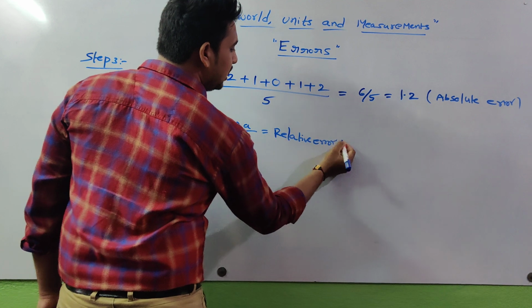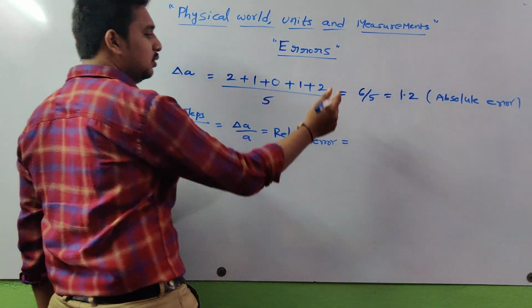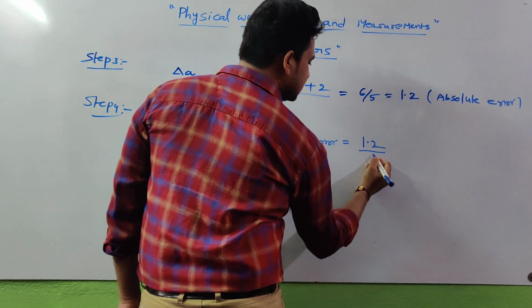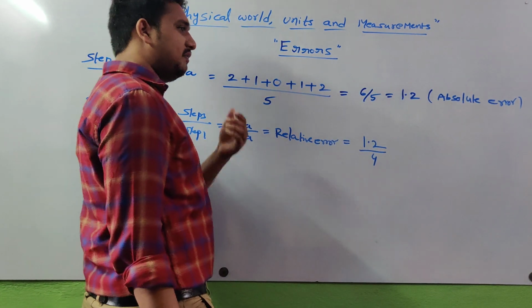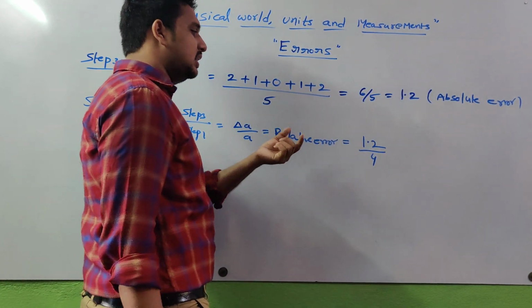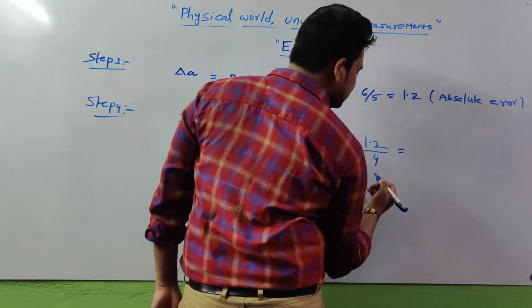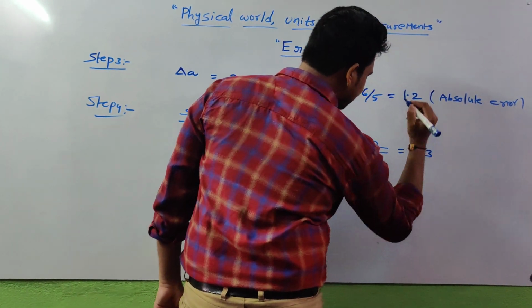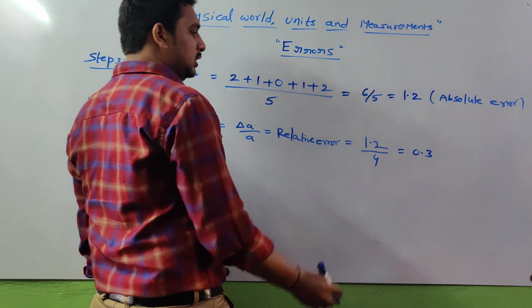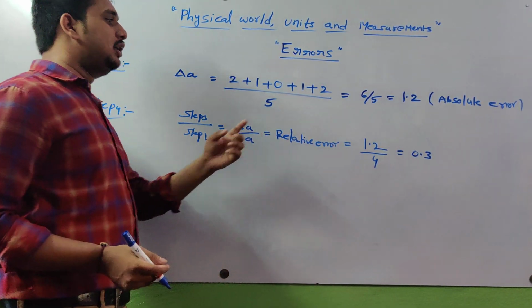What is the delta A value? 1.2. The A value is 4, the average value we got in the first step. Please recapitulate. So 1.2 by 4 is equal to 0.3. So 0.3 is the relative error.